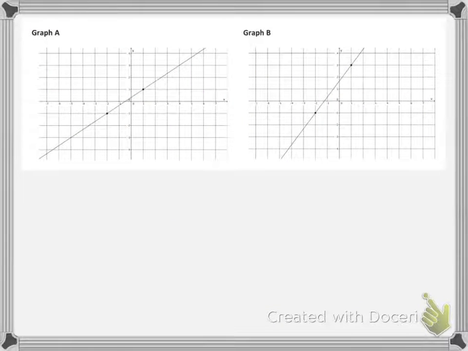Okay, so today we're talking about the slope of a line. That might be a new term. The slope of a line, generally speaking, is talking about the steepness of the line. How straight up and down is it?